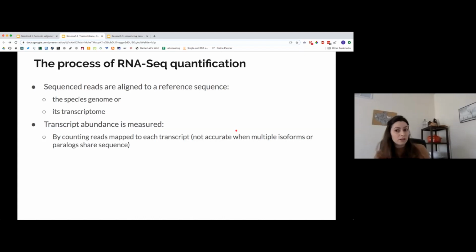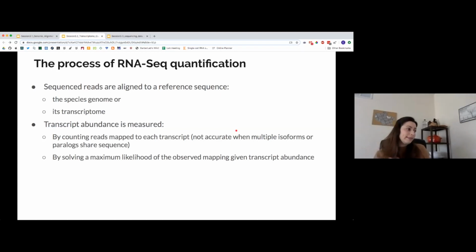So this is not going to be accurate when you have multiple isoforms or when you have paralogs that share sequence. And then if you want the true transcript abundance, we can solve a maximum likelihood of the observed mapping given the transcript abundance. So to compare across samples these quantities, the counts have to be normalized.